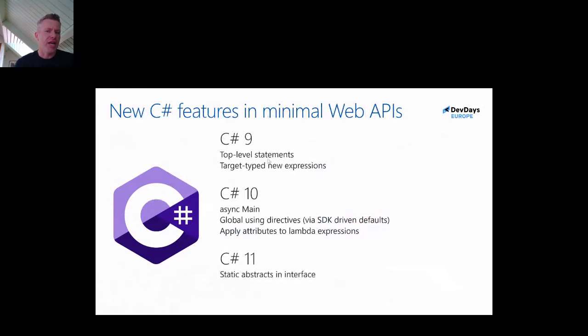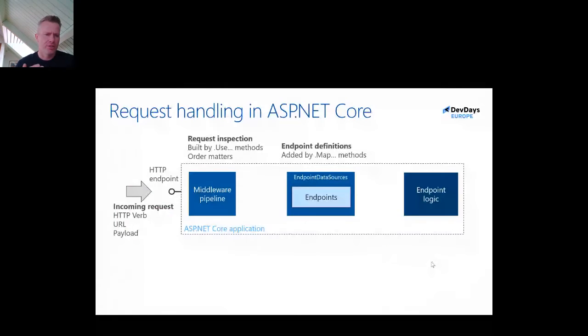You will also define the endpoints, and that's done by using map methods. So whenever you see map, you know that you're defining endpoints that point to a bit of endpoint logic. Hitting an endpoint means that the logic behind it is also being called. But there's work done getting from left to right. So whenever there's an incoming request, it's a certain HTTP verb, might be get, post, put, patch, delete, options, whatever. It's on a particular endpoint, a URI or URL.